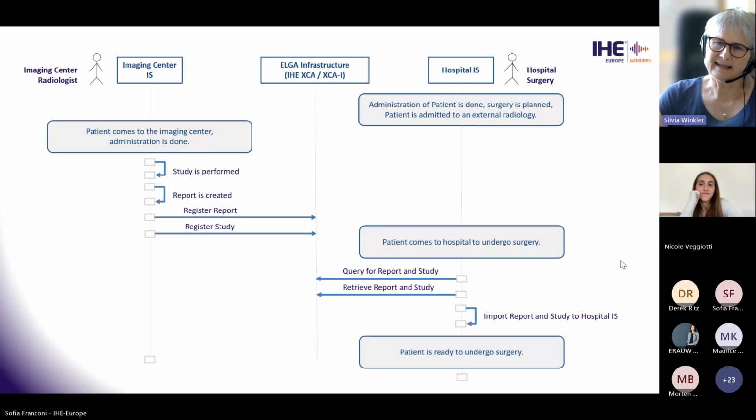On the hospital side, the administration of the patient is done quite before, when the surgery is planned.